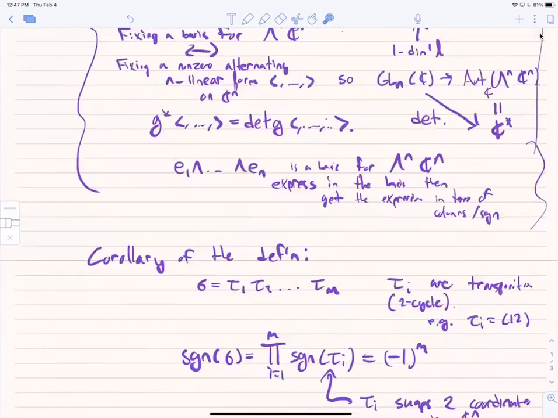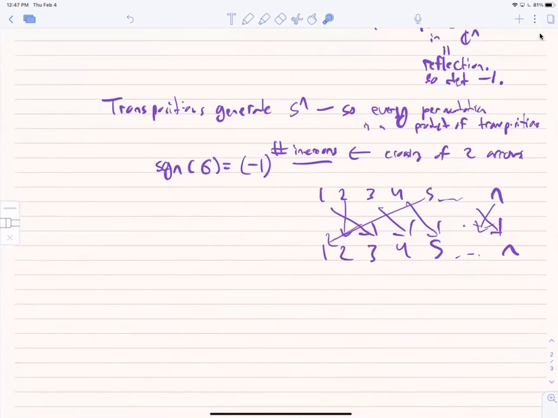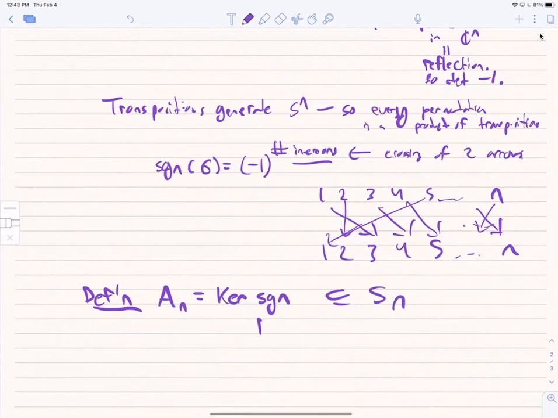Right, and so good. I guess I should say the definition is that the alternating group is just the kernel of the sign. So this is contained in Sn, and for n at least 2, so when Sn is not the trivial group, it has index 2.